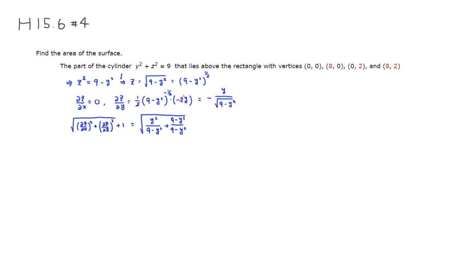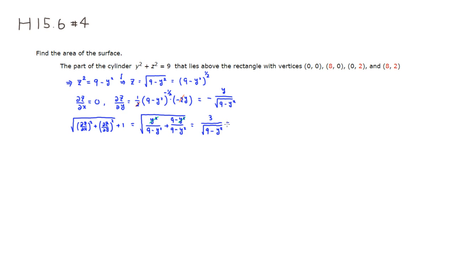We can cancel the y squared and the minus y squared, so we get the square root of 9 on top, which is 3, over the square root of 9 minus y squared.